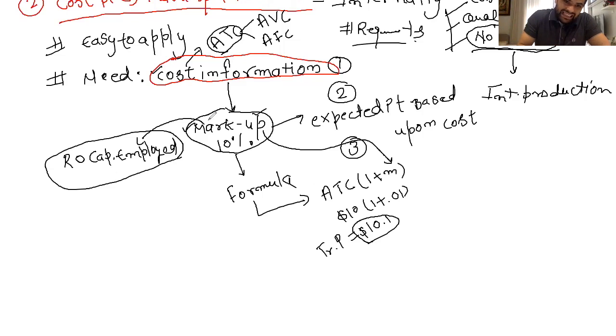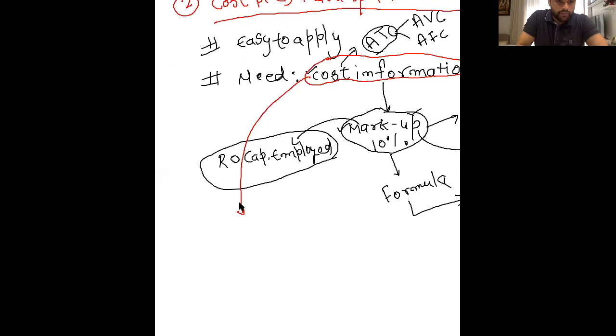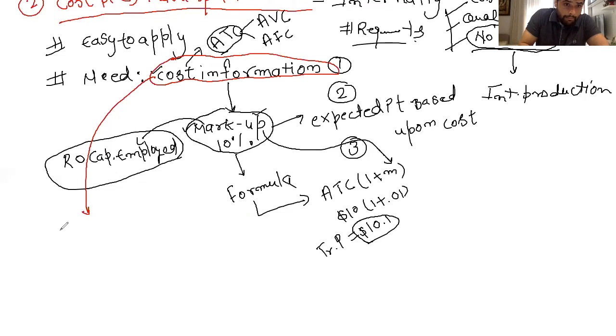But remember, in this method, cost estimation or cost calculation is very important, right? Why? Because if your costs have a wrong estimation, the supplying division can suffer a loss, or the receiving division can pay a really high cost, which is not the actual cost, because there is something wrong in the cost estimation.